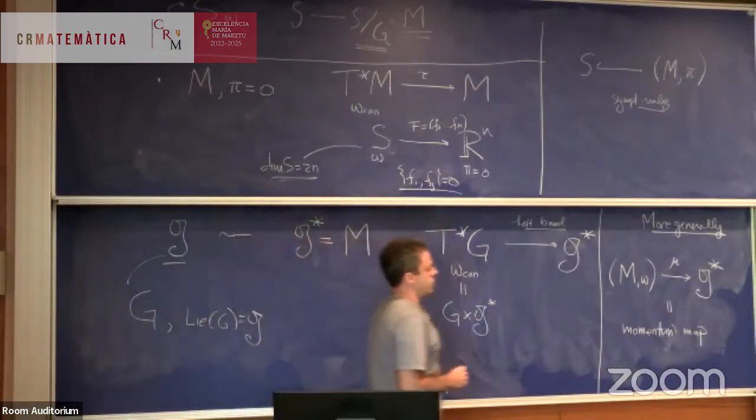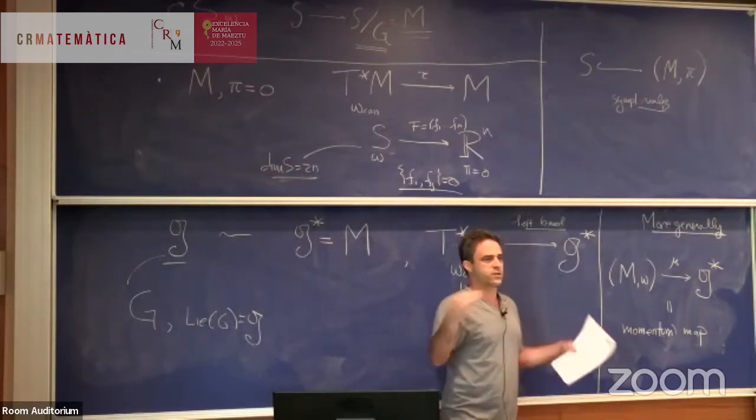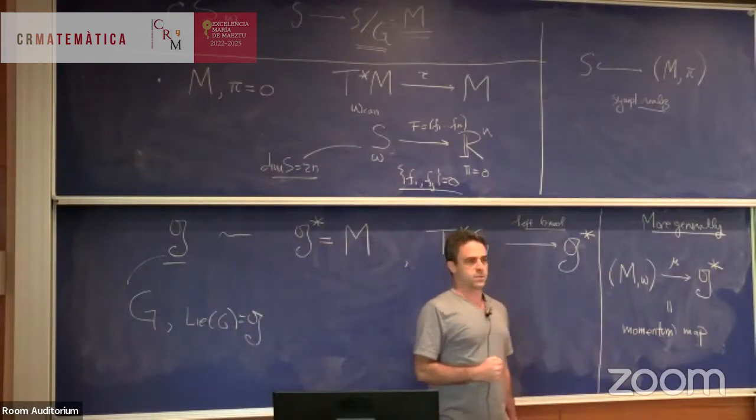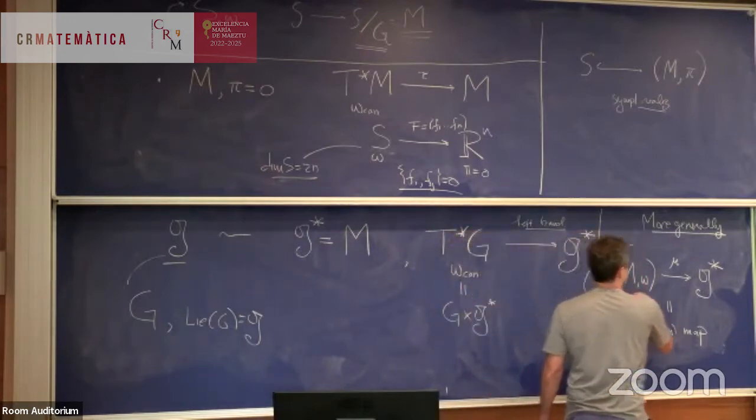So usually a momentum map refers to an action. You have an action and the action admits or not a momentum map.